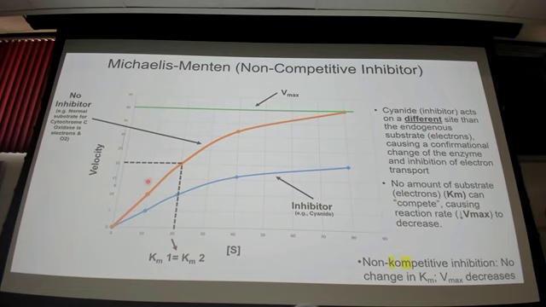Prolonged direction until you get to VO2 max. This is hard. In competitive inhibition, you take an inhibitor. This is bad, because remember, you want to get to VO2 max.